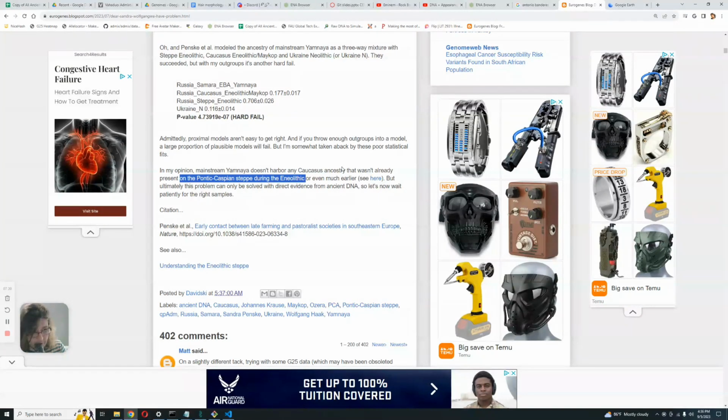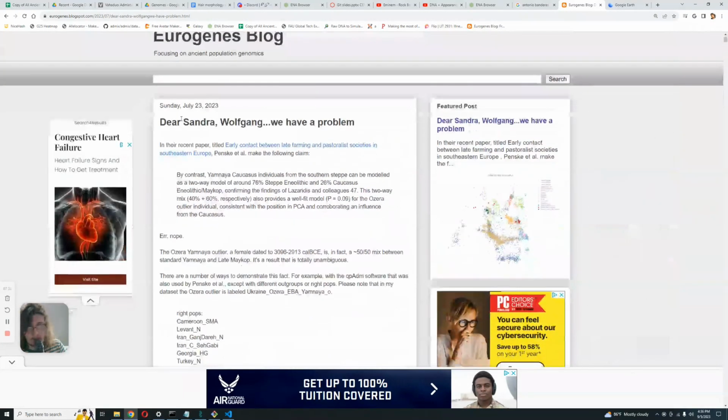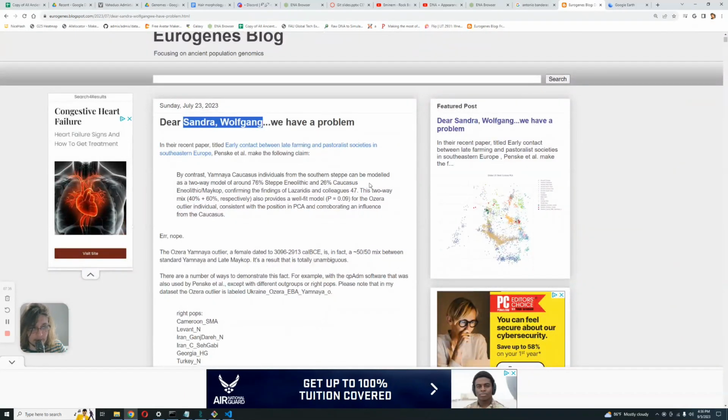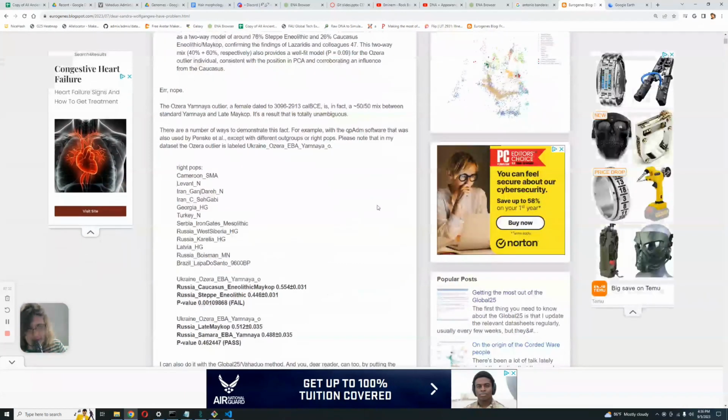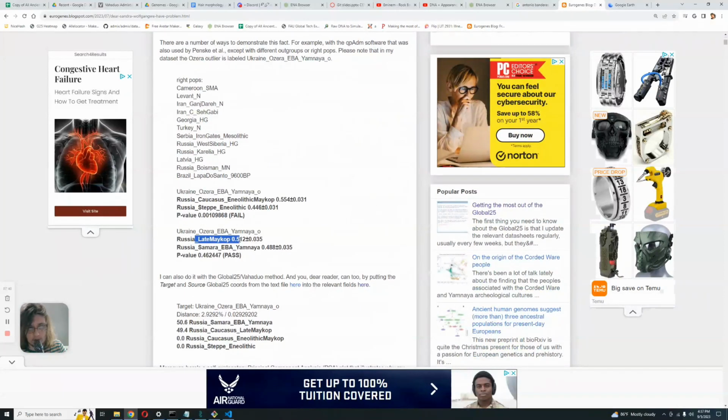And it's not a mixture, as these Sandra and Wolfgang people were trying to claim, of just stuff that's typical for Yamnaya, like late Maykop and steppe Neolithic and Eneolithic Maykop. No, that's not the mixture here. It's a mixture of late Maykop and Yamnaya. It's a mixture of pretty much modern Northern Caucasians, not CHG, modern Caucasians and Yamnaya. So that's what I have to say about this sample. That's what I have to say about this article.